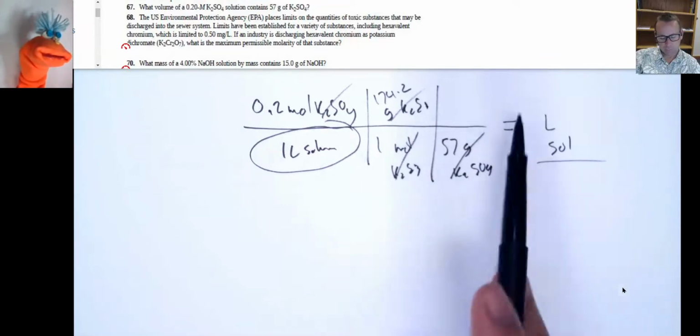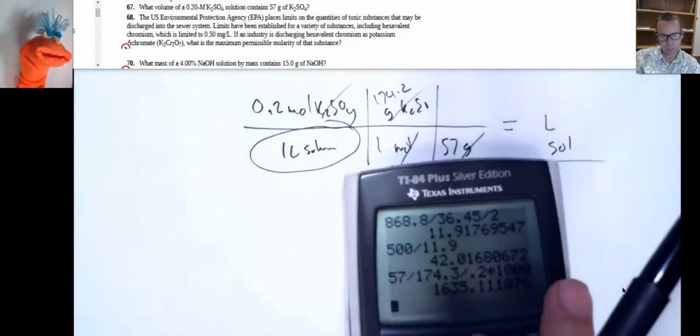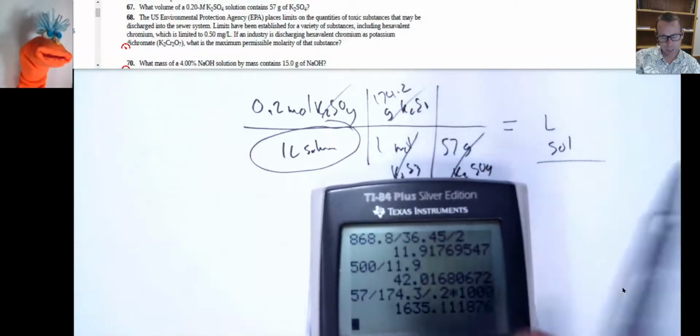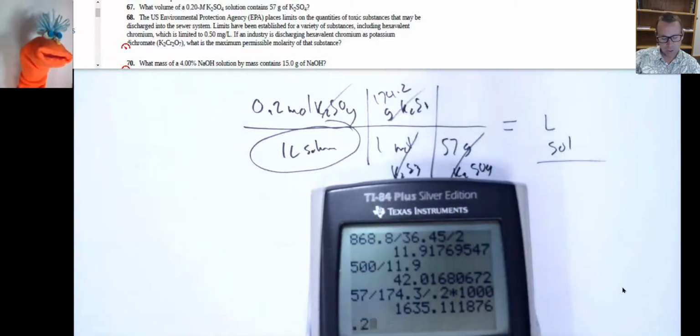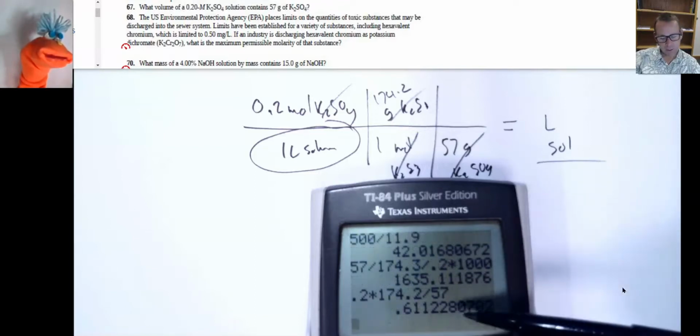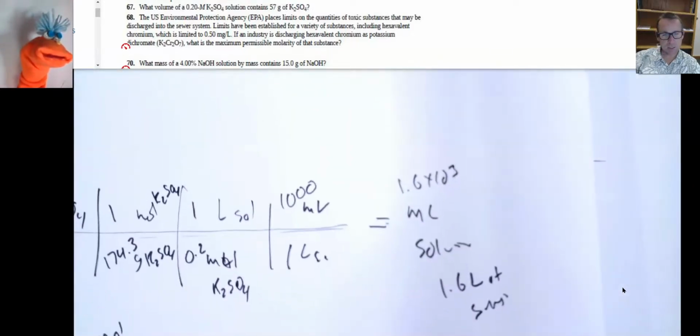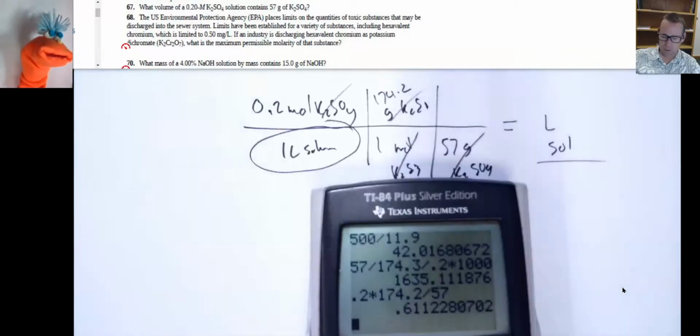I'll show you one thing that you can do, but I wouldn't recommend it for general use. If I go 0.2 times 174.2 divided by 57, what I got here, so on the last one I got 1.6 times 10 to the third milliliters, or 1.6 liters.